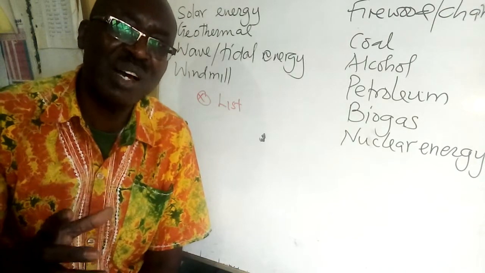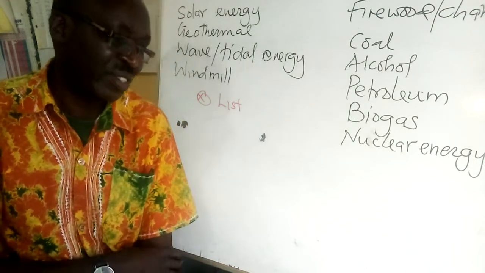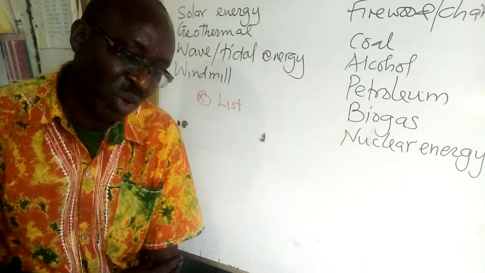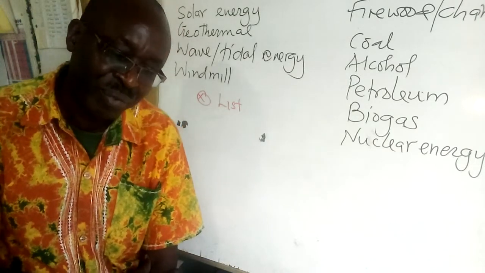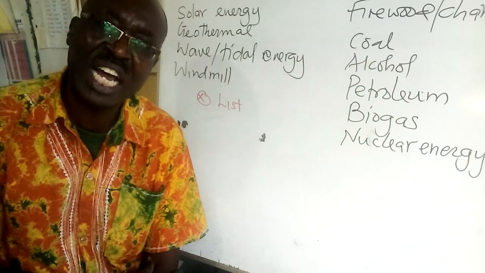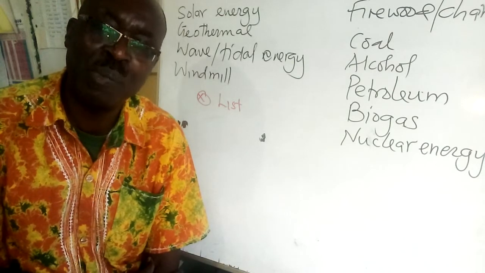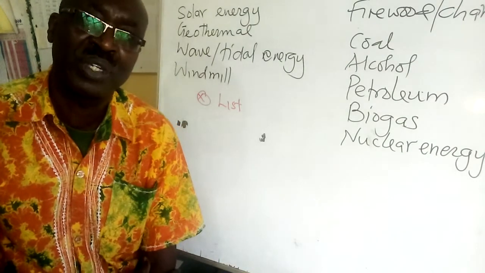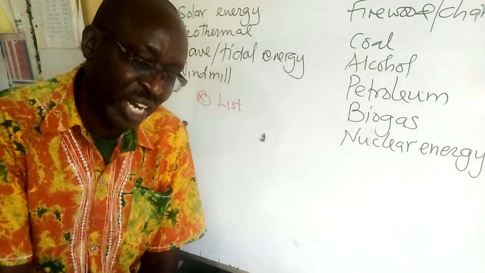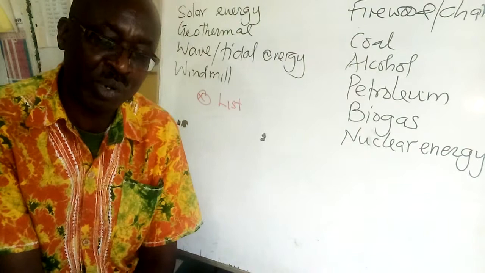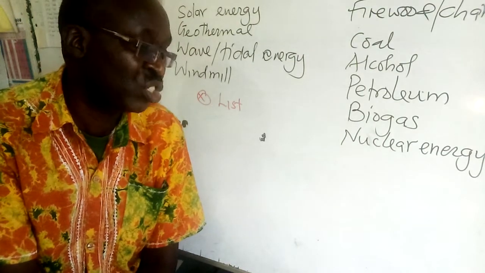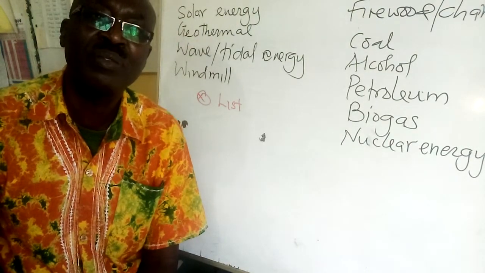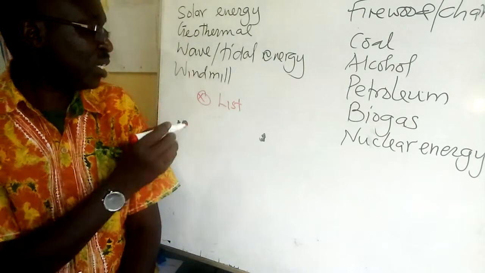So do not cram, but understand that renewable energy is supplied by processes that are inexhaustible. So the key word, inexhaustible. And non-renewable energy is supplied by processes that are exhaustible. Okay? So you can be asked to list.